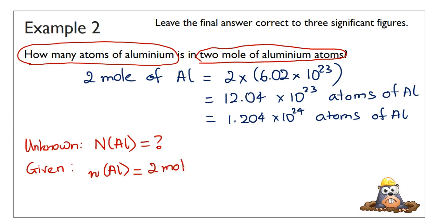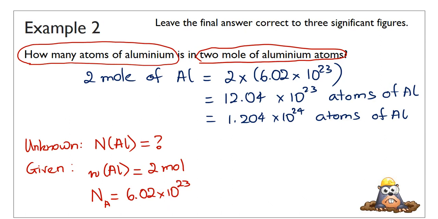And you have to use Avogadro's constant in this question, even though it is not given in the question. So Avogadro's constant is going to be assumed knowledge. I will give you the value for all assessments, so you don't have to memorize it, but you need to know that you have to use it. So we always know that Na, or Avogadro's constant, which is the number of things in 1 mole, is 6.02 times 10 to the 23.